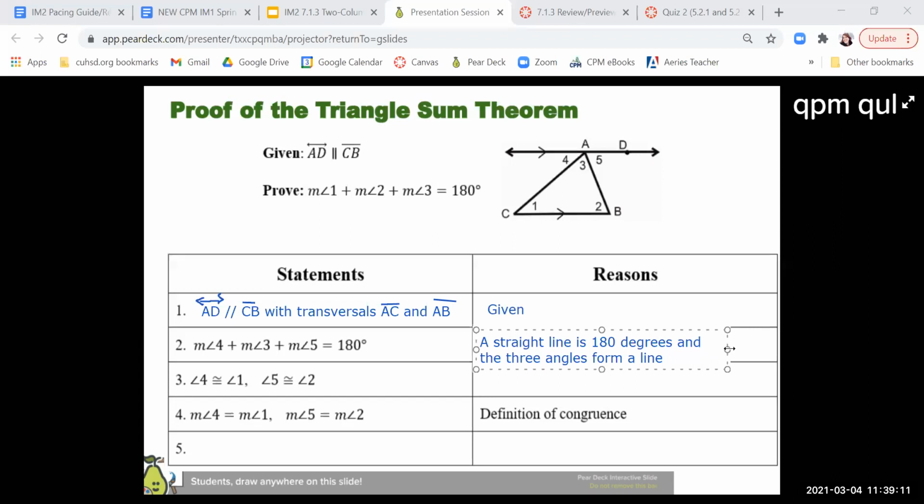So something like this clarifies that if we have three angles that form a straight line and we know straight lines make 180, then we're good.